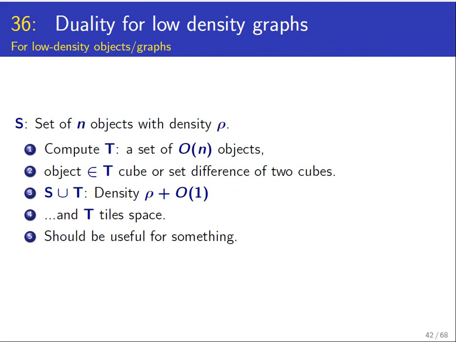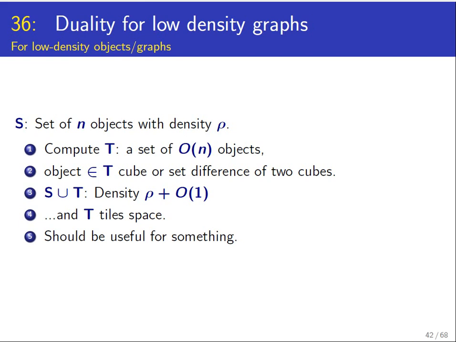Okay, let me also quickly mention that there is a somewhat curious duality property to these graphs. If you give me a set of low density objects, I can compute a tiling of space by computing a quadtree or a compressed quadtree of space that agrees with the set of objects.